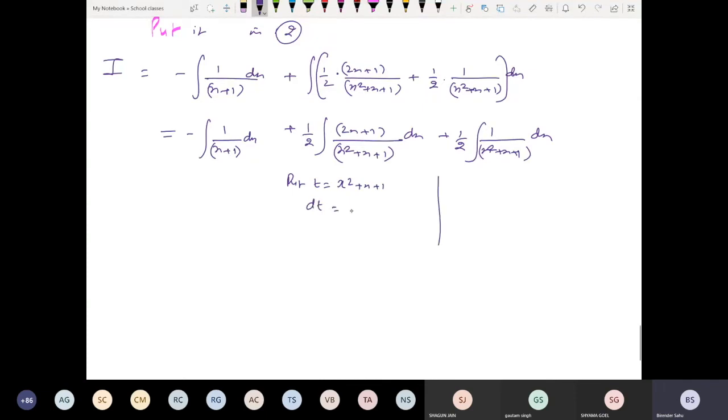So dt by dx will be 2x plus 1. So dt equals to 2x plus 1 into dx. Is there any doubt up to here? Any doubt to anyone? What to do? 1 by 2. This is nothing but dt, and here it is t.